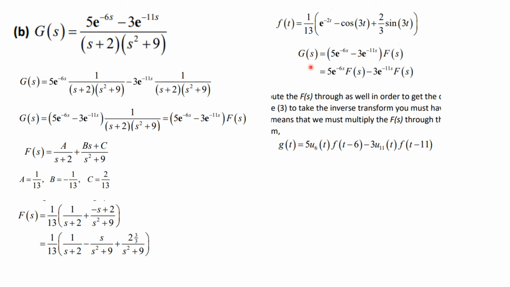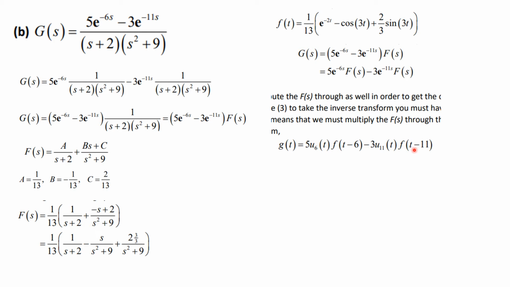Now when I invert G of s, I will get g of t is equal to 5 times the Heaviside step function u sub 6 at t, and this is going to be F, and F is up here, at t minus 6, minus 3 times the Heaviside step function u sub 11 at t times F of t minus 11.